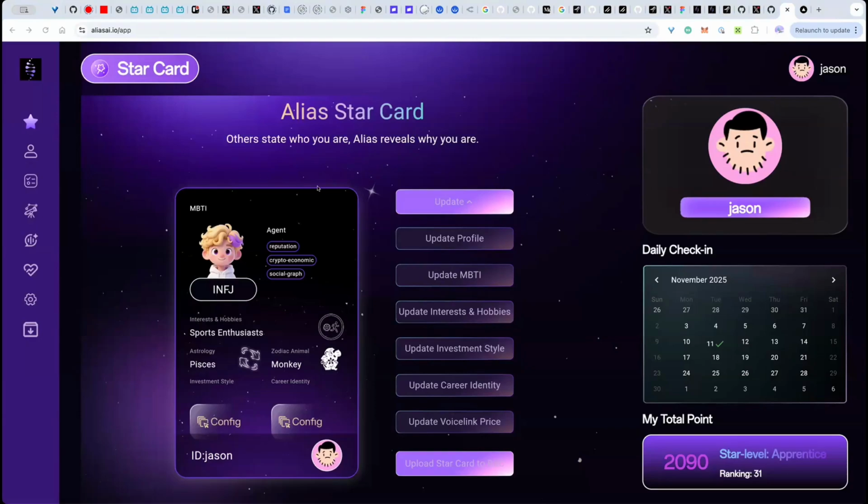People who hold our platform token, like Alias, can be a validator, and we have a staking validator contract. People stake the token to the validator, and she becomes a validator, and then the process goes on as in ERC-8004.